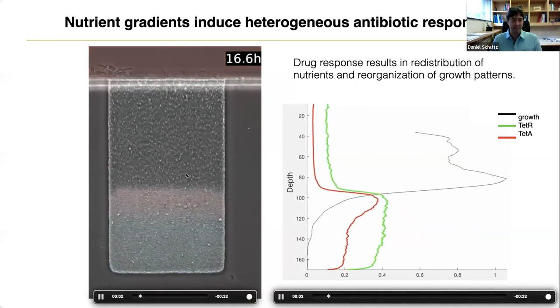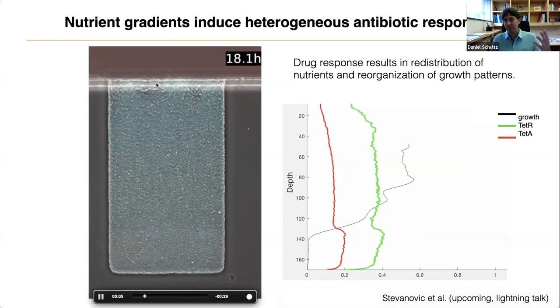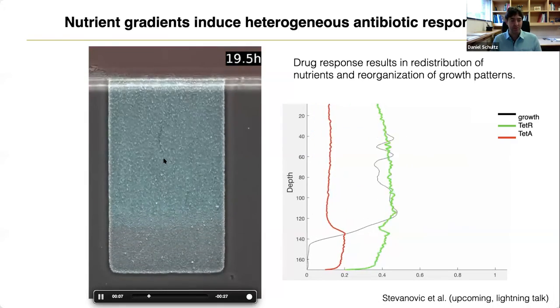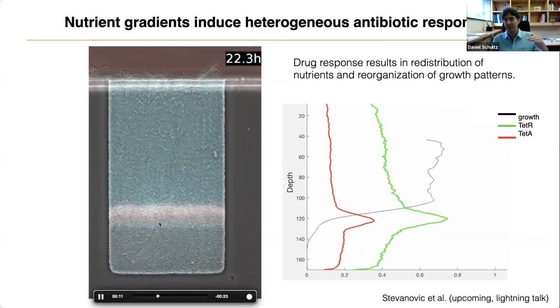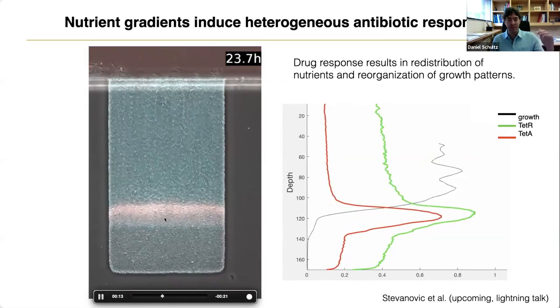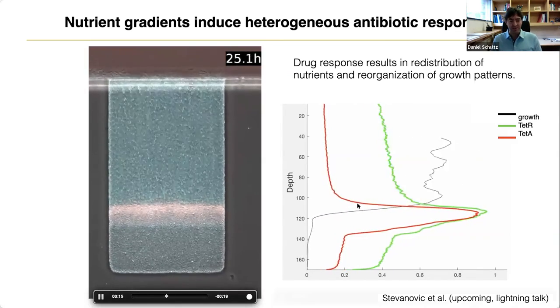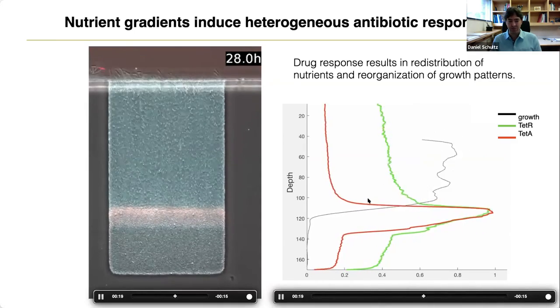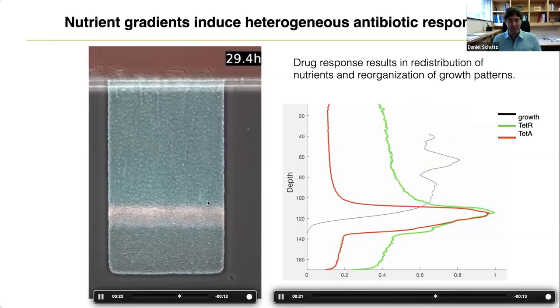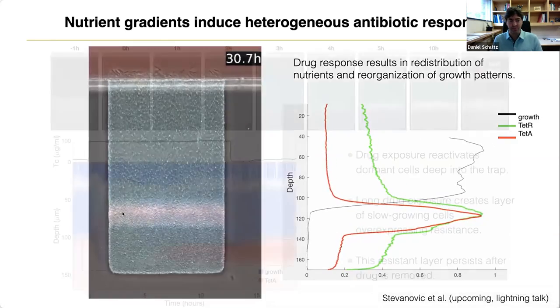And as the cells at the top also end up expressing resistance and become resistant, this boundary between the growing and dormant cells shifts back up. And what you see is this strong expression of resistance in the cells around the boundary.